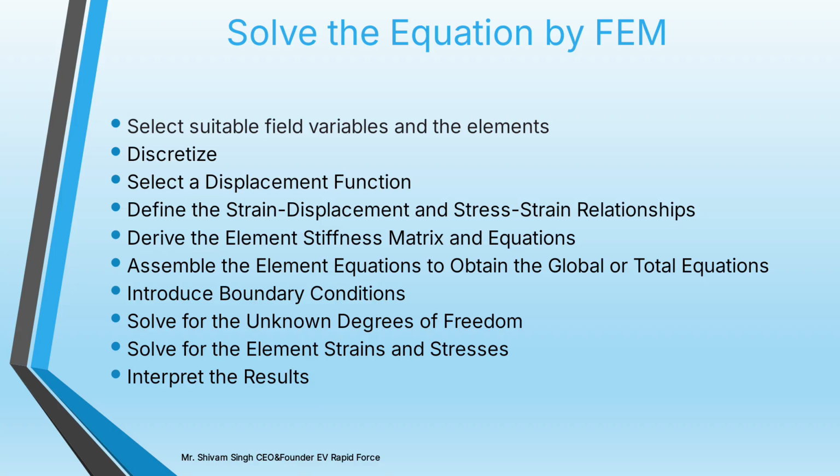After making these equations, we have some procedures to solve the finite element equation. In the procedure, we first select the field variable and element size, which is also known as discretization. Let us suppose that we have a solid rod, and that rod is divided into different elements, different parts; that is known as discretization.